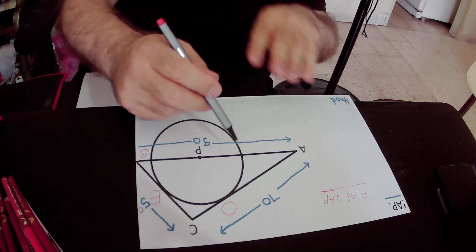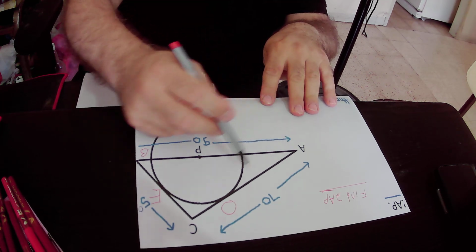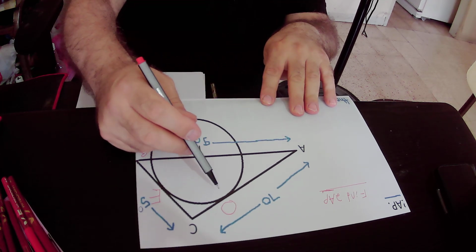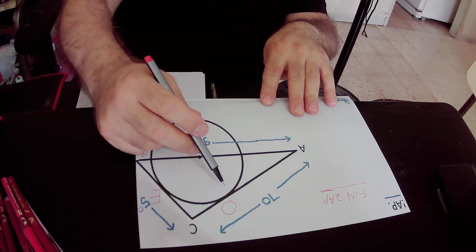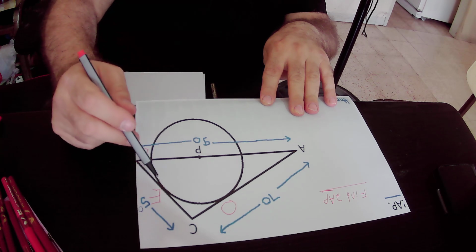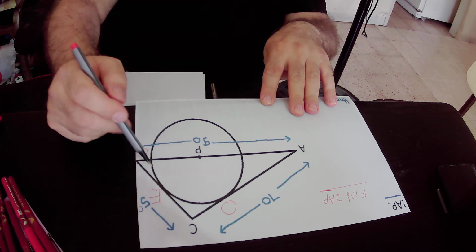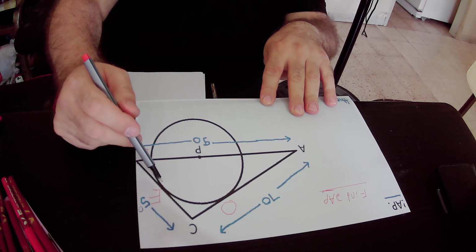Okay, and the touching point of side AC with the circle is point O, or AC is tangent to the circle at point O, and CB is tangent to the circle at point E.